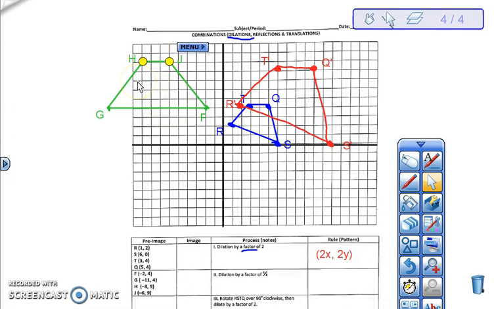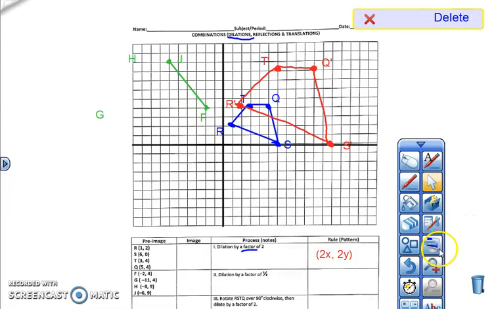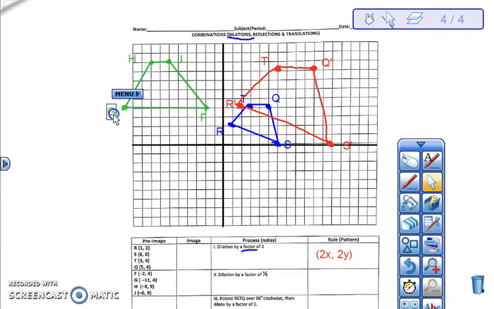Let's fix that real quick. G was slightly off as well. So let's make this a little bit smaller. Okay. Try again. Okay, so this should be here. And it should be there. All right. There's our pre-image.